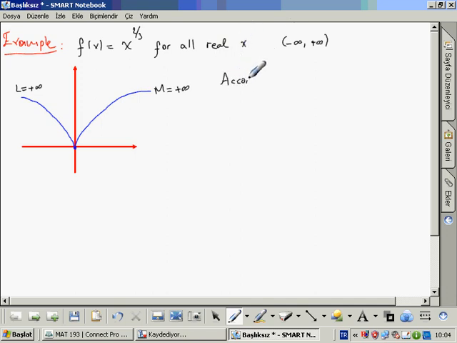According to the theorem, an absolute minimum exists.